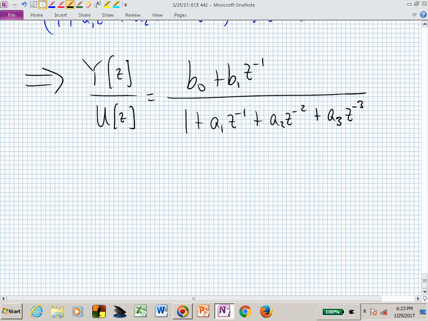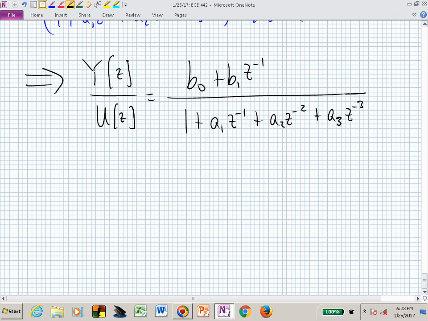Well, it varies. Sometimes we keep this in terms of z's with negative exponents, but sometimes we want to write it in terms of z's with positive exponents. How could I write this same transfer function in terms of positive exponents with z? Many different ways of doing it.